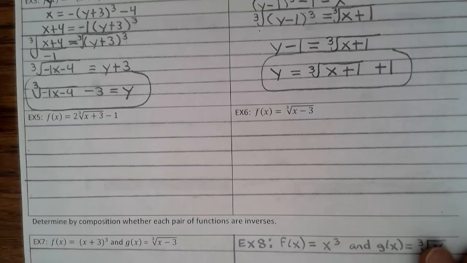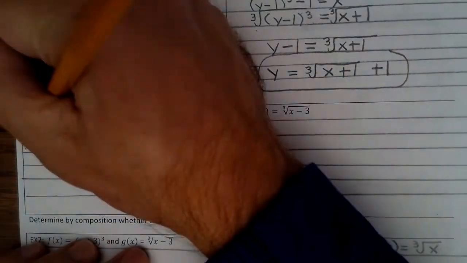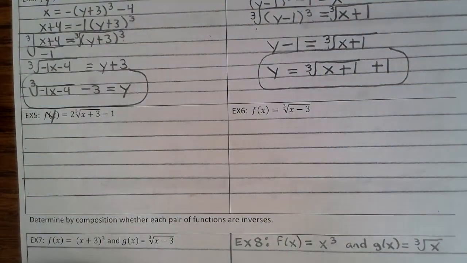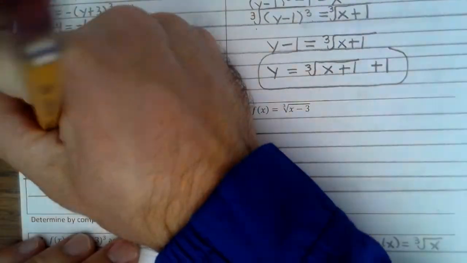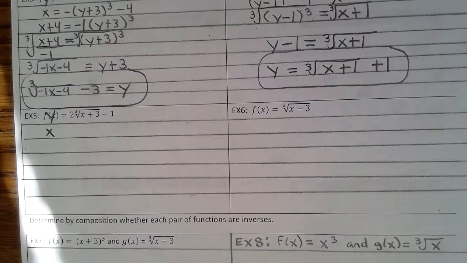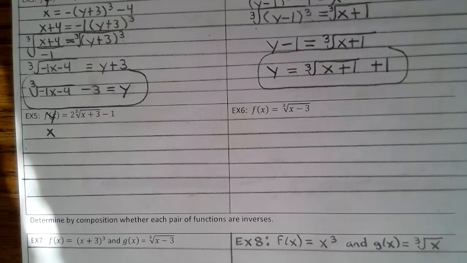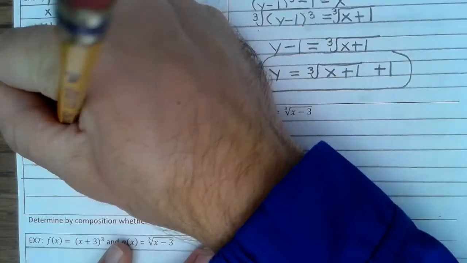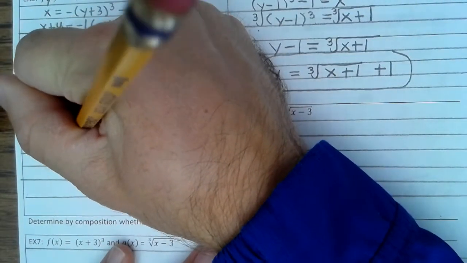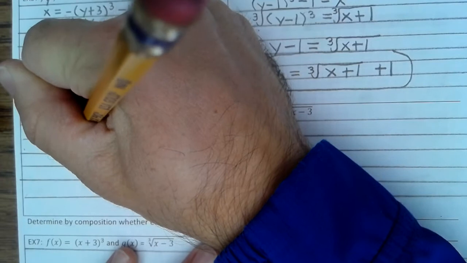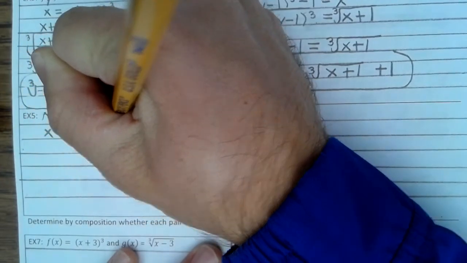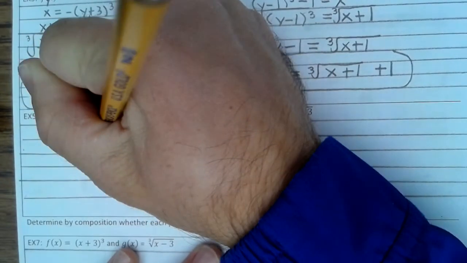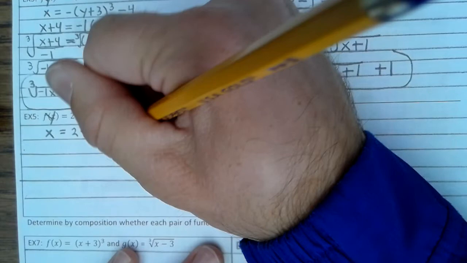All right, let's take a look at example 5. Okay, let's change f of x to y, and you're going to switch x and y. So x equals 2 cube root of (y plus 3) minus 1.